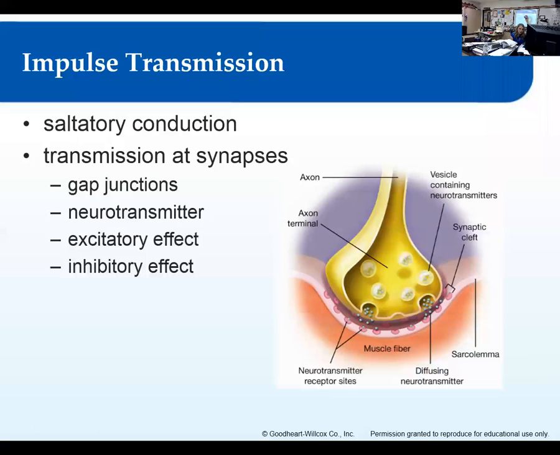Number 2, calcium gates open and calcium rushes into the terminal. That depolarization causes calcium gates to open at the end of the axon terminal, and calcium rushes into the axon.